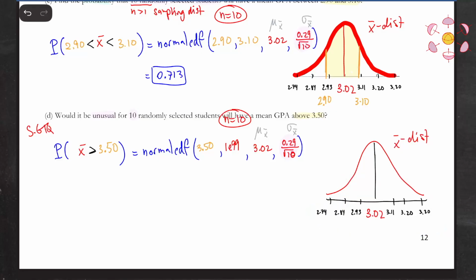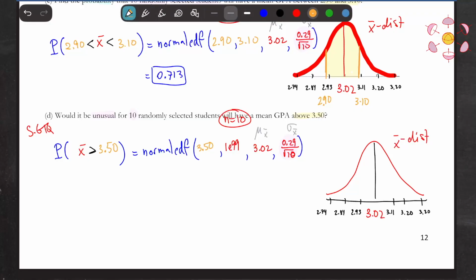Ooh, that matches pretty good. Okay, so where is 3.50? Well, I hope you see that it's way off to the screen over here. Let's assume that that is 3.50, and we want GPAs even bigger than that. From this, you know you're going to get a small probability.